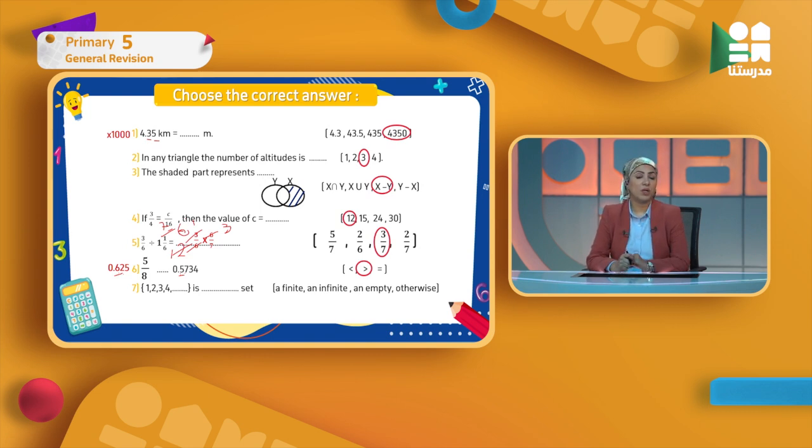And we said before, when we have a set that has no end, is it a finite set, an infinite set, an empty set, or otherwise? Otherwise means anything else. So when I have a set that has a beginning but has no ending, it is called an infinite set. It means it never ends, it continues forever.